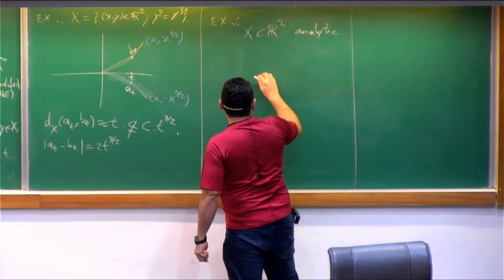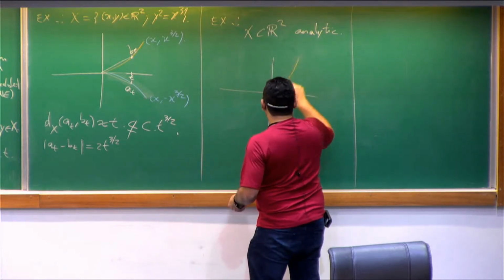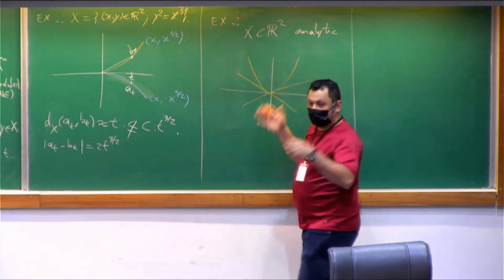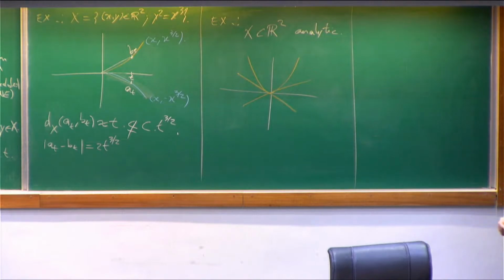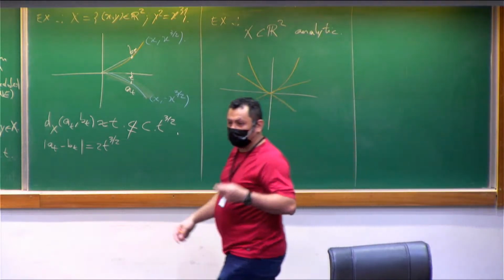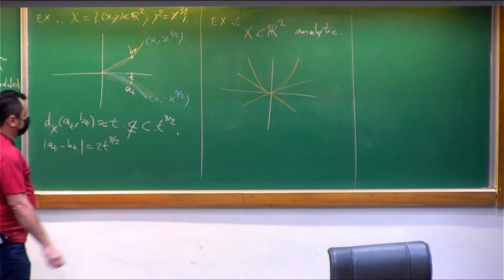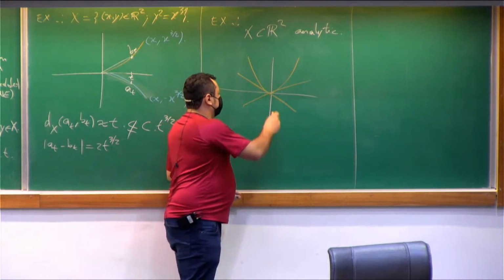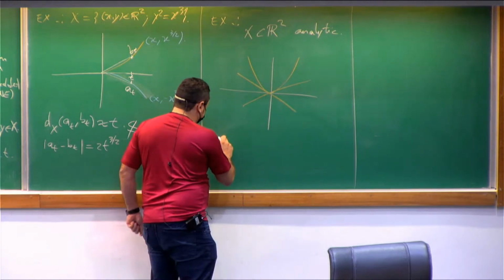The curve is something like that. I don't know exactly what it is, but there are many half branches, at least 2 half branches. Okay? And if you now look at the tangent cone of this, let me assume X is something like that.